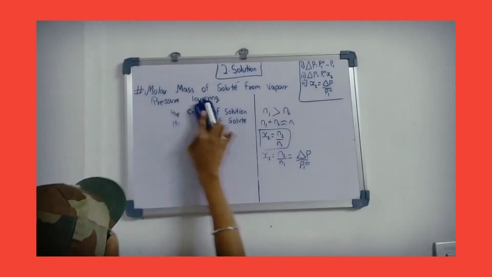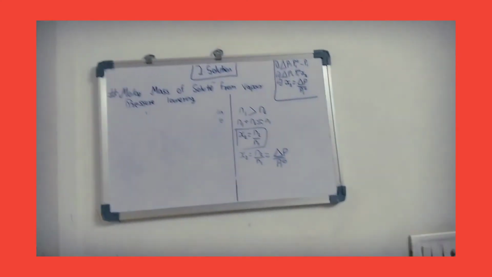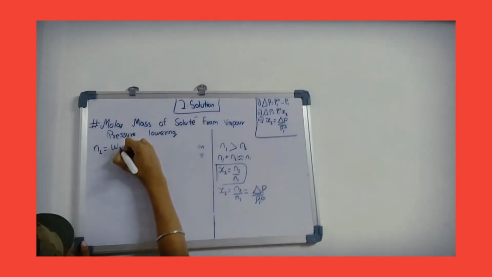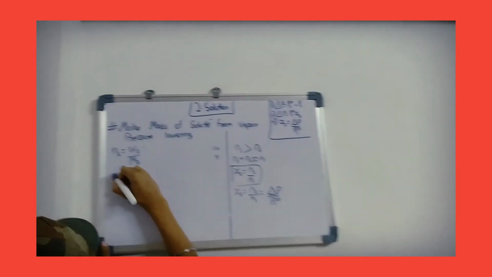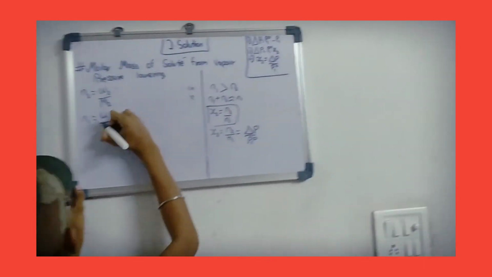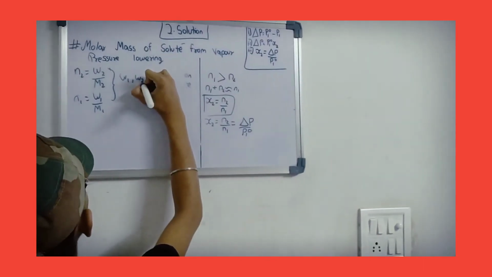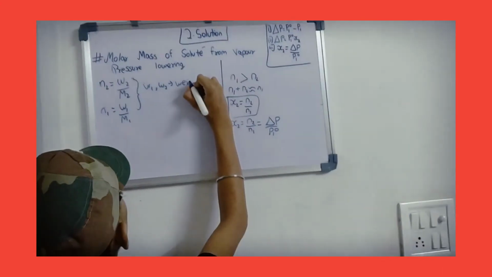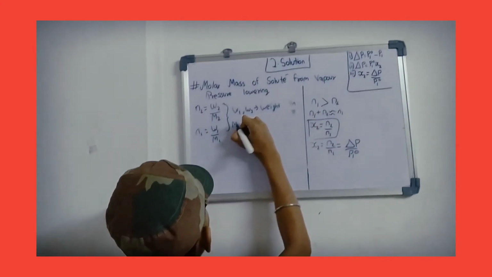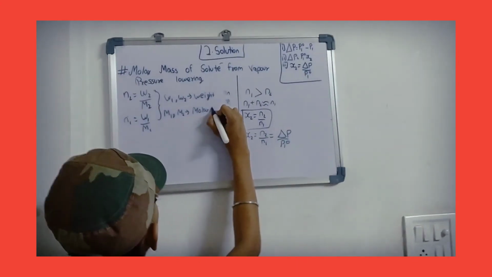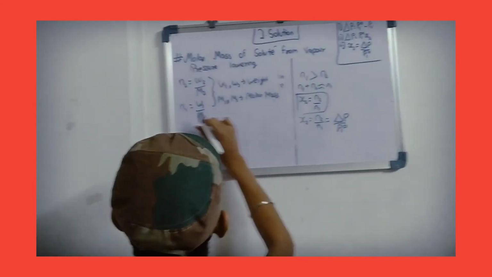And now we know that N2 is W2 upon M2, and N1 is W1 upon M1. That is, W1 and W2 are the weights, and M1 and M2 are the molar masses.